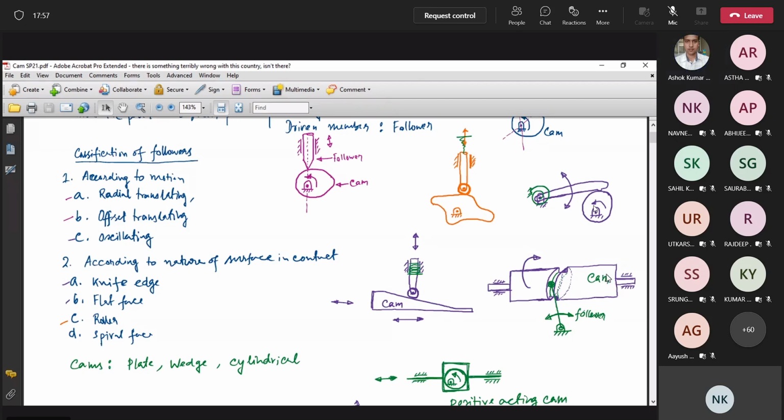Now, let us take another example of a cam. This is actually a cylindrical object, a solid cylindrical object, like a shaft. On that shaft, there is a groove. This groove is not a circle.